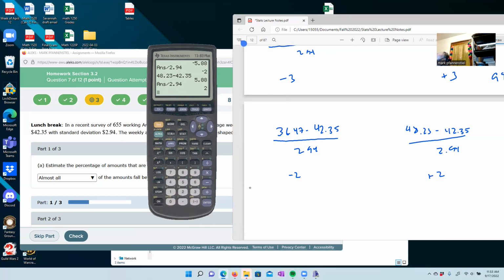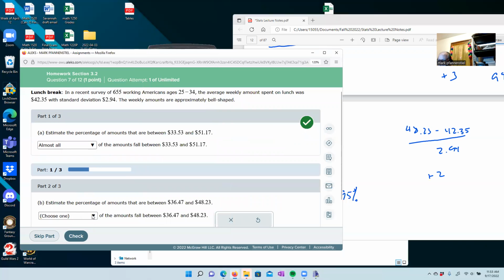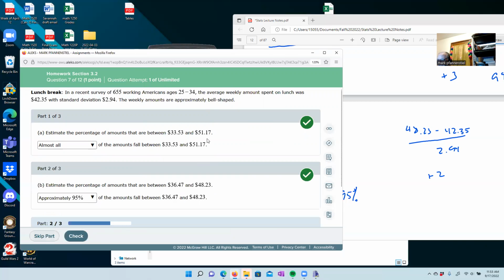So this is within 2 standard deviations down from the average and 2 standard deviations above the average. That goes back to our rule that 95% of the data should fall between minus 2 and positive 2 standard deviations. So we choose that's about 95%, get our check mark and say hooray.